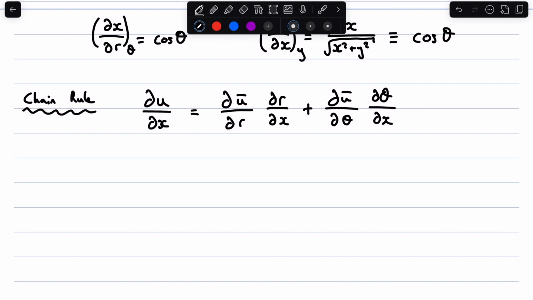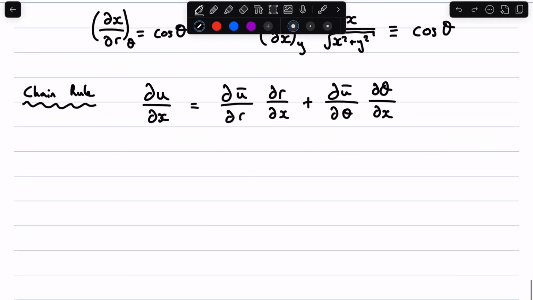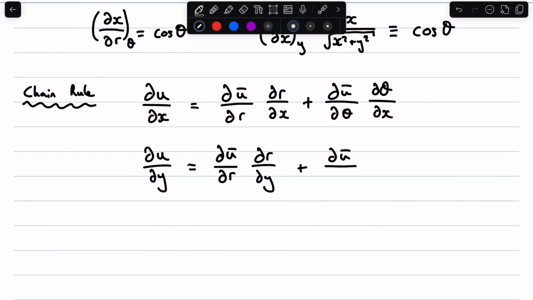And this will be going from, on the right here will be our polar coordinate, so we've got just du by dr, and then dr by dx is going to be using what we've got here, this dr by dx, and similarly for theta. And then we can do the same for y, so what is du by dy? Well, that's equal to du bar by dr, partial dr by dy, and you get the picture.